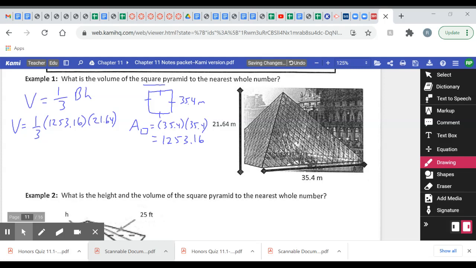And so now when I put this in my calculator, it says to the nearest whole number, then you can do 1,253.16 times 21.64 equals, and then divide all of that by 3. And you get 9,039.5 meters cubed.